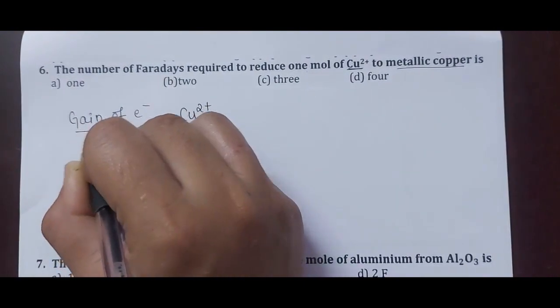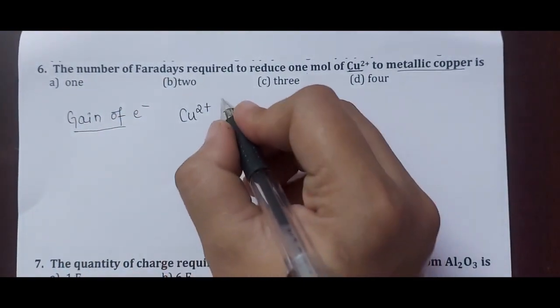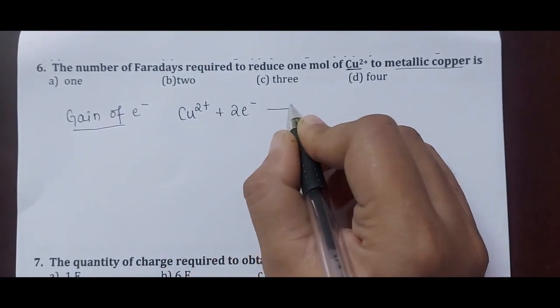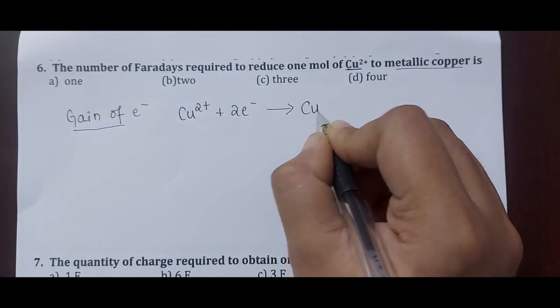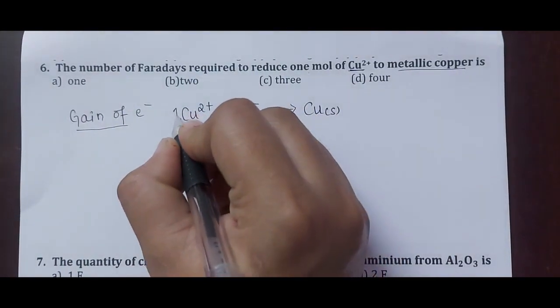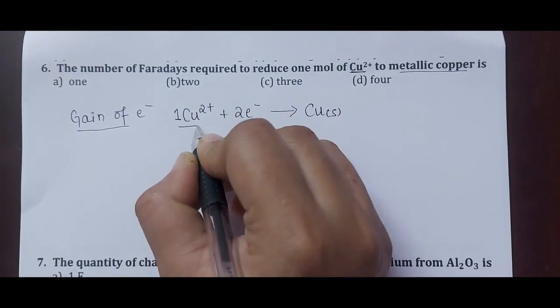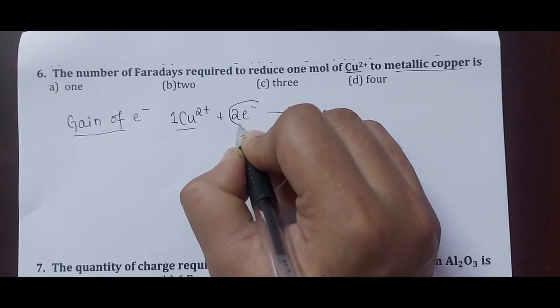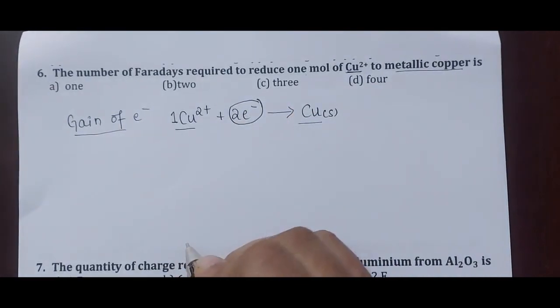Gain of electrons is called reduction reaction. Cu2+ ion plus 2 electrons results in the formation of Cu in solid state. So to reduce 1 mole of copper ion to metallic copper, how many moles of electrons are required? 2 moles of electrons are required.